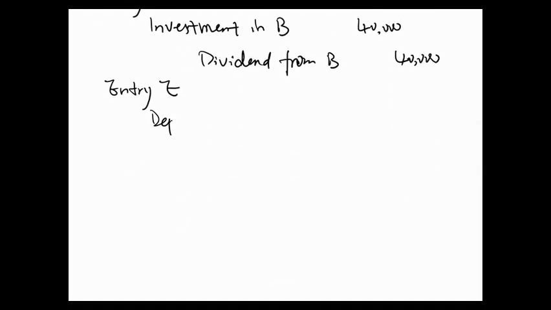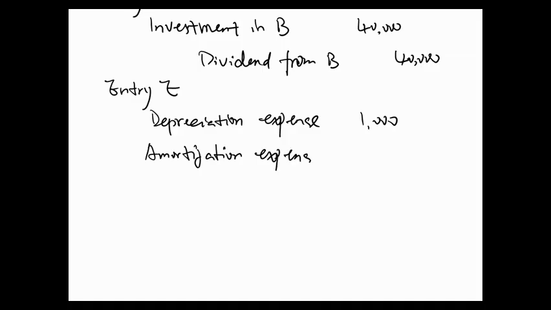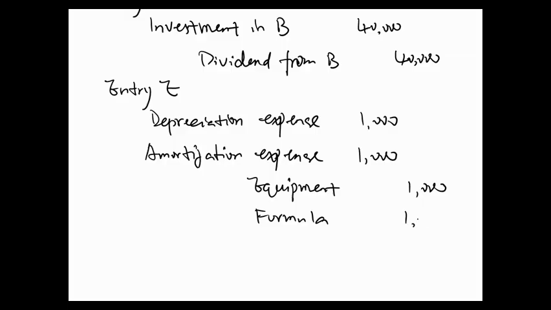So debit depreciation expense $1,000 and amortization expense 1,000, and then credit equipment 1,000 and credit formula 1,000. Okay, so after the consolidation entries are prepared, we can just transfer information from here to the worksheet and complete question B.